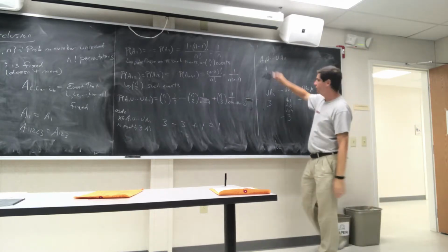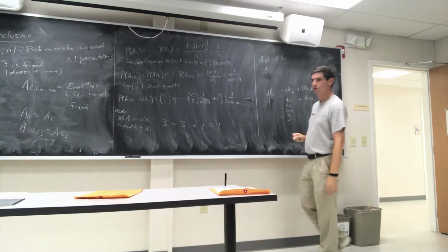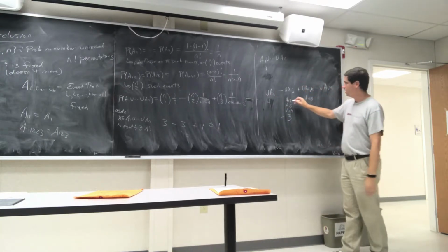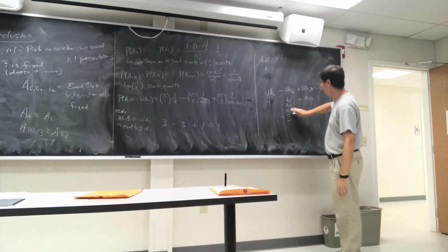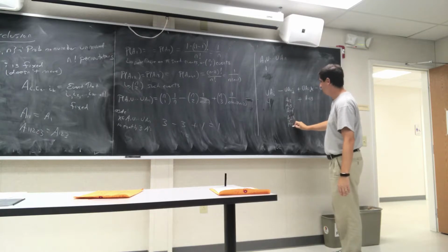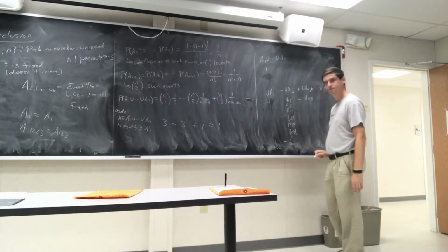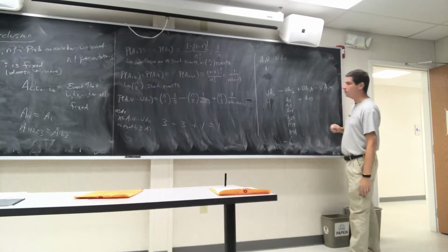Now let's say that you were in 4 of them. So if you're in 4 of them, now it would have A1,2, A1,3, A1,4, A2,3, A2,4, and A3,4. That'd be 6. Now I want to look at how many ways it could be in 3 of them.